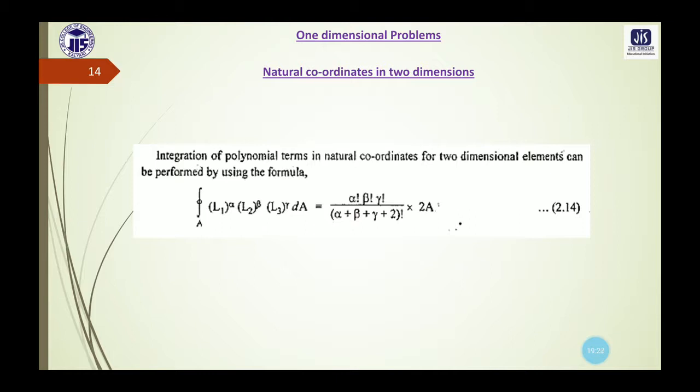Integration over the area A of L1 to the power alpha, L2 to the power beta, L3 to the power gamma dA equals factorial alpha multiplied by factorial beta multiplied by factorial gamma, into twice A, divided by factorial of alpha plus beta plus gamma plus 2.